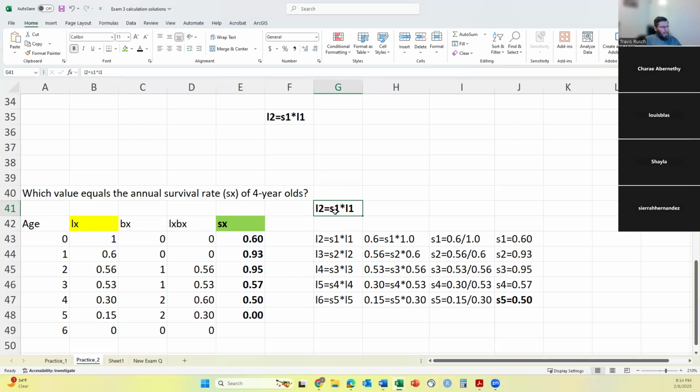And if you have X times a value, you take the value over to the other side to isolate X or S of 1, and then it turns into just a simple division problem each time, right? Because to get S of 1, we have to isolate it by itself by moving L1 to the left side of the equal sign, and that goes underneath the L2. So it's L2 divided by L1, and then it's L3 divided by L2, L4 divided by L3, and so on, using that equation to get our missing S values.